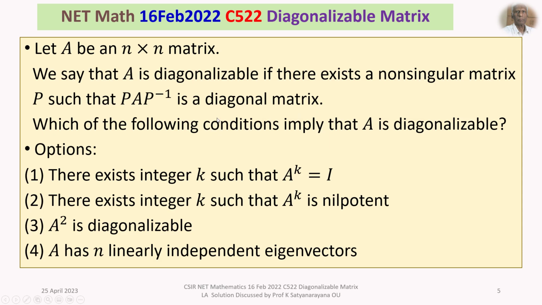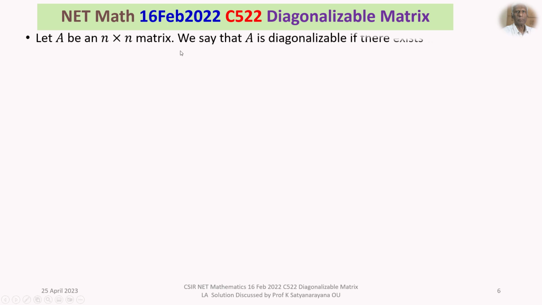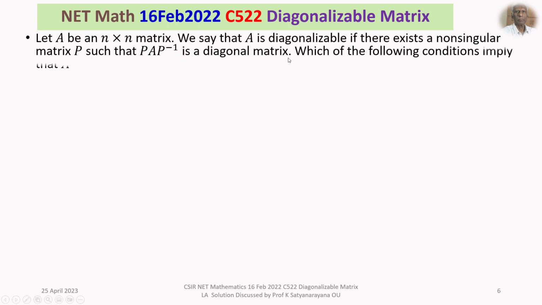Now, which of the conditions given in the options 1, 2, 3 and 4 imply A is diagonalizable? That means take this condition and say whether A is diagonalizable or not. That is our given question.